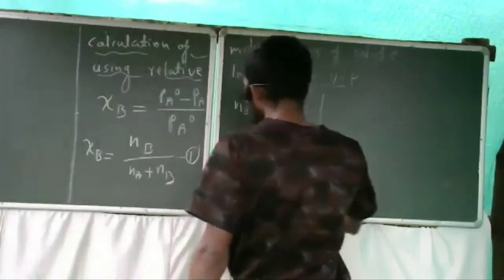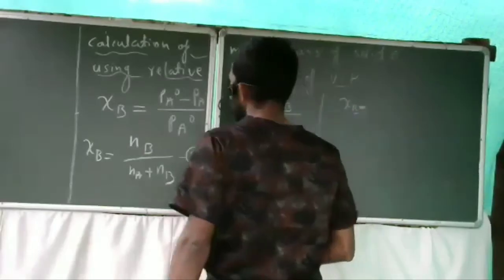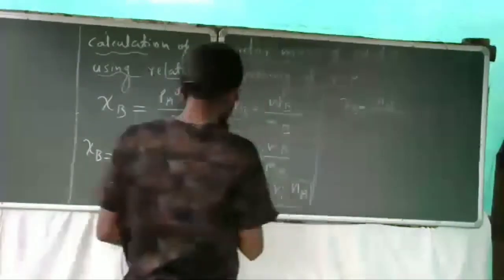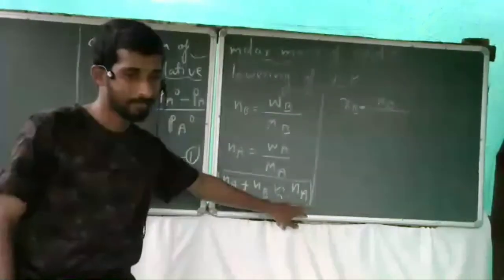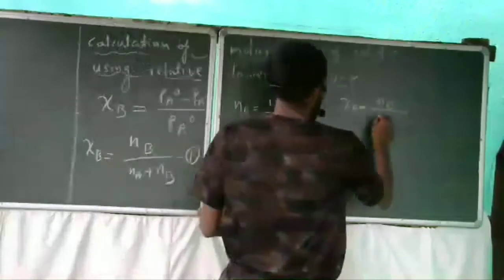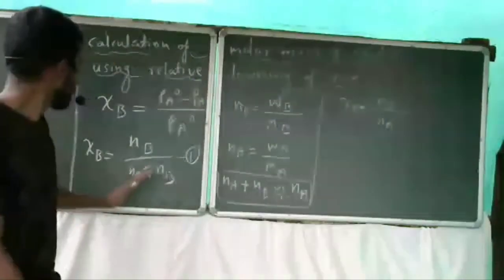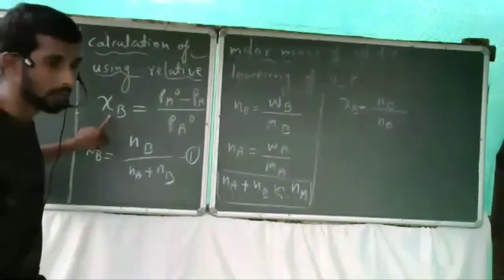Then substituting here, we write xb equal to Nb divided by Na, since Na plus Nb is almost equal to Na. Clear? First you have to take this expression, that is the relative lowering of vapor pressure.